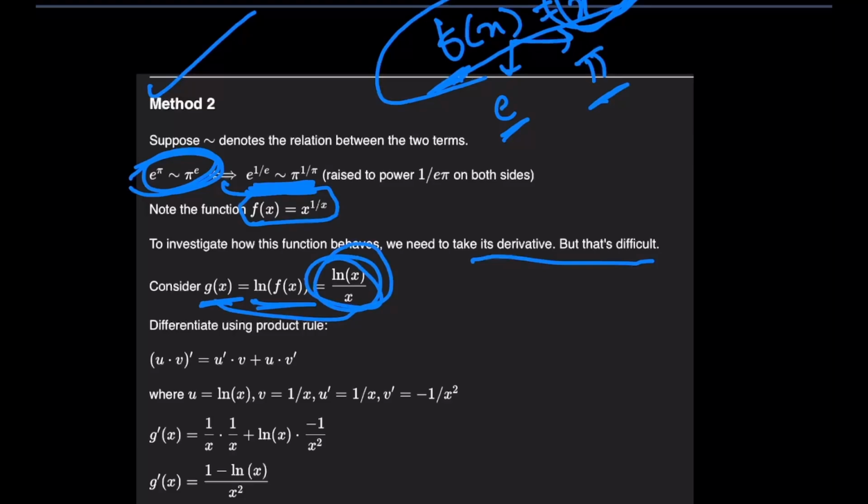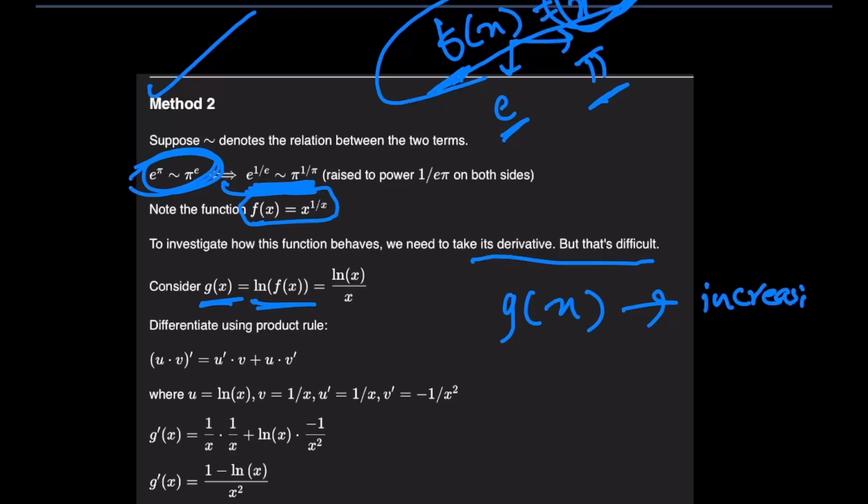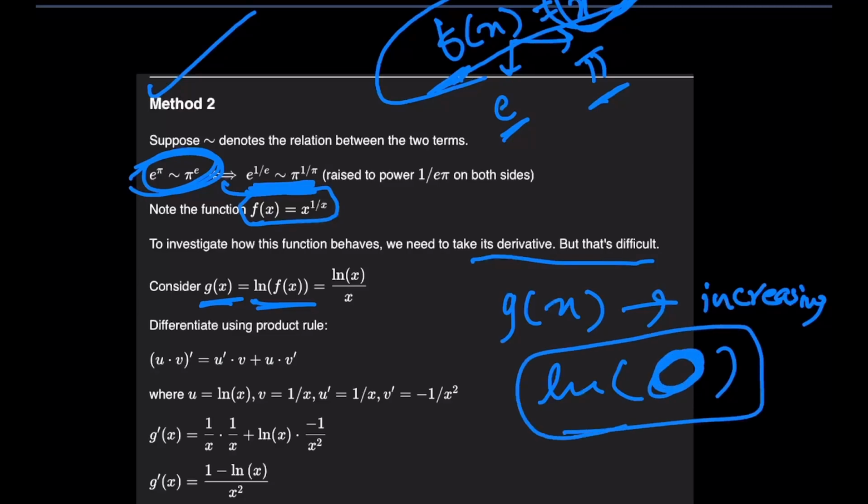Now, why do we do this first of all? If I calculate the derivative of g of x and figure out that, let's say, g of x is indeed increasing in the domain we are concerned with, well, since the ln function or the natural log function is a monotonic transformation, and by that I mean that if the value inside is increasing, then the function in itself will also be increasing.